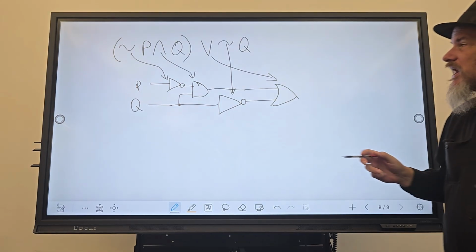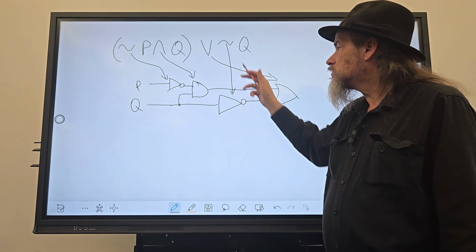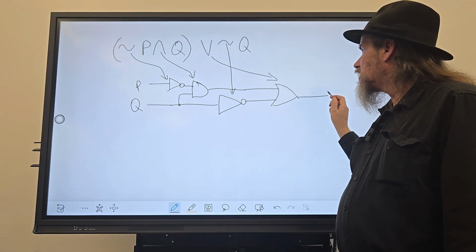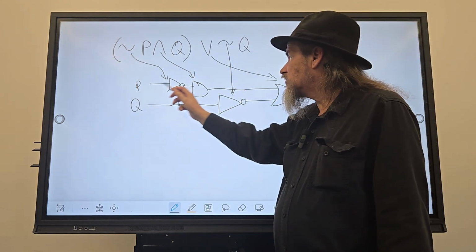But you work from the outermost part of the expression and work into the parentheses as you work right to left.